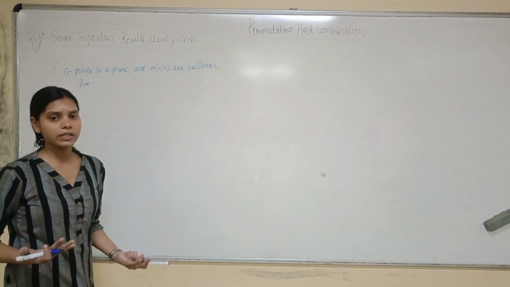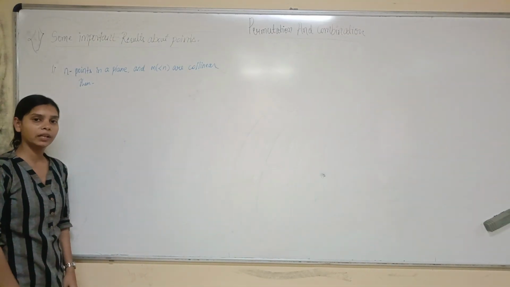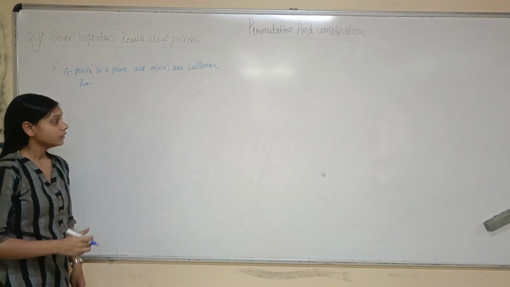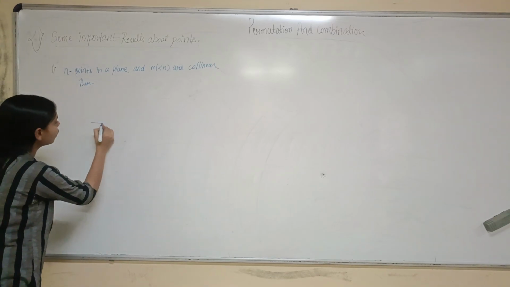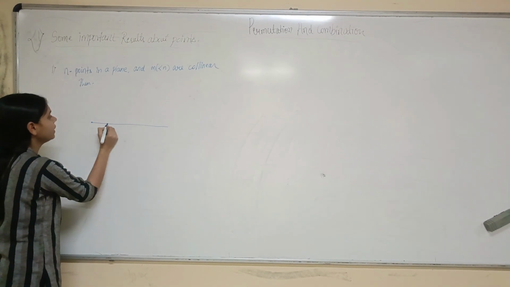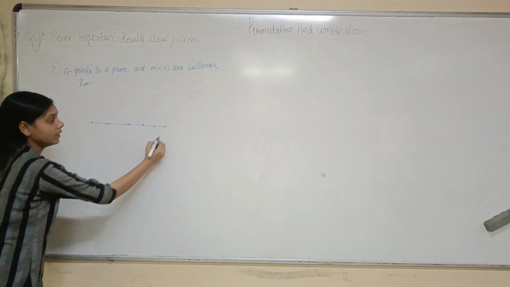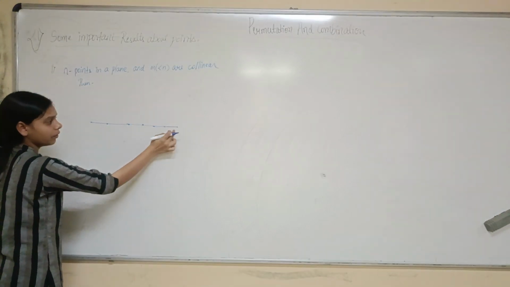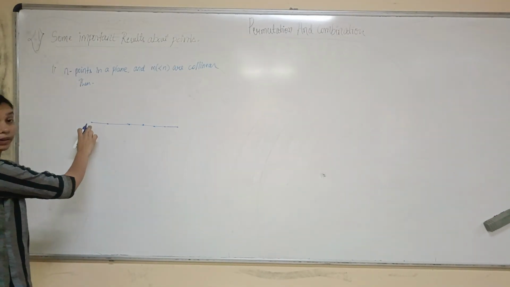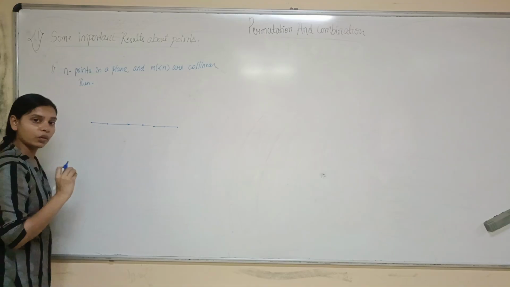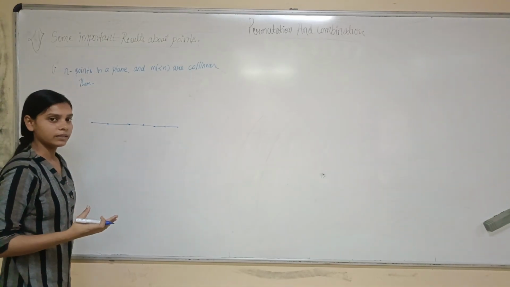Tell me anyone, what do you mean by collinear points? Exactly, the points which are situated on a single straight line are called collinear points. These 7 points are called collinear points. Right?